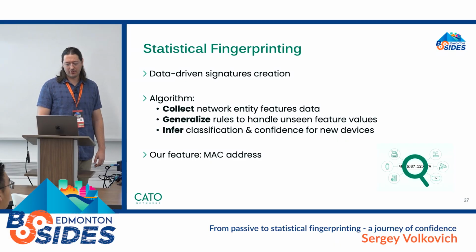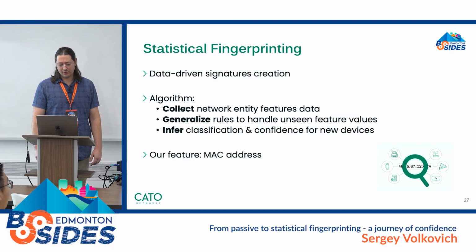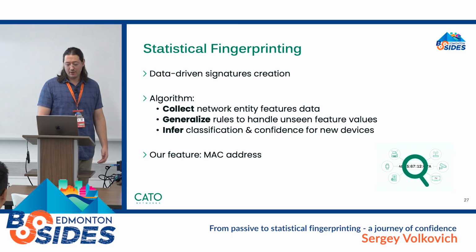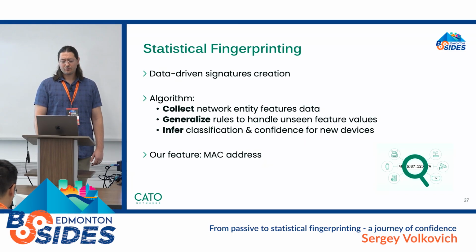So this brings us to statistical fingerprinting. We will define it, it's a very general definition: data-driven creation of signatures. But what does it actually mean? Basically, the creation of signatures using data can be put in simple terms of 3 steps.